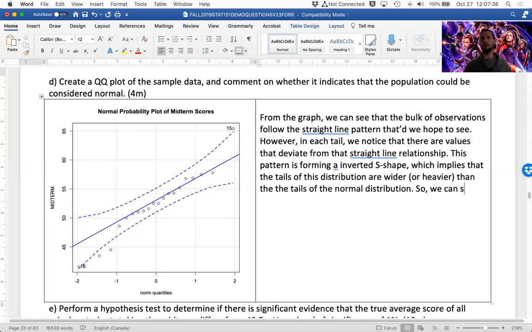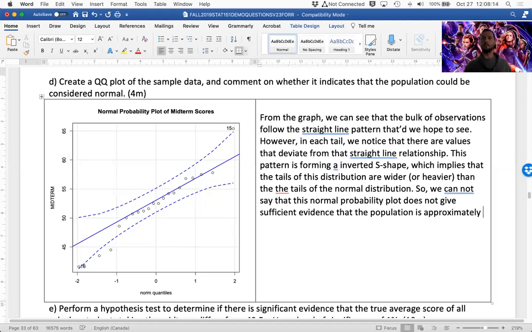So we cannot say that this normal probability plot gives sufficient evidence that the population is approximately normally distributed. Okay, so then we can say, what is the impact of this?